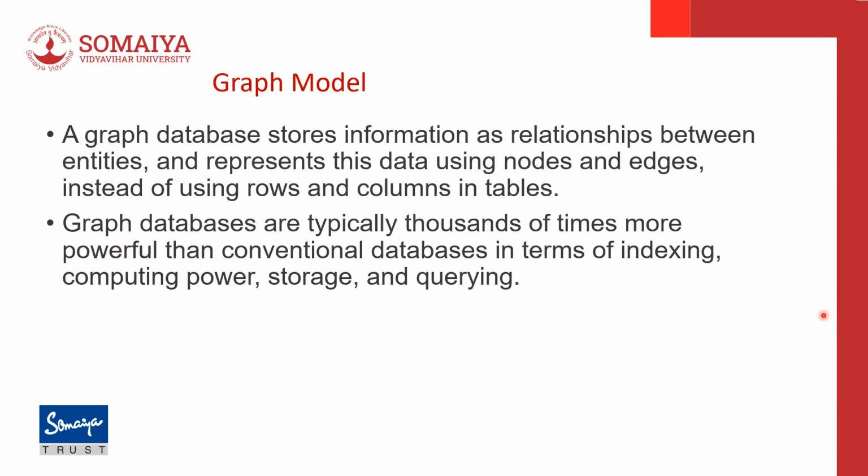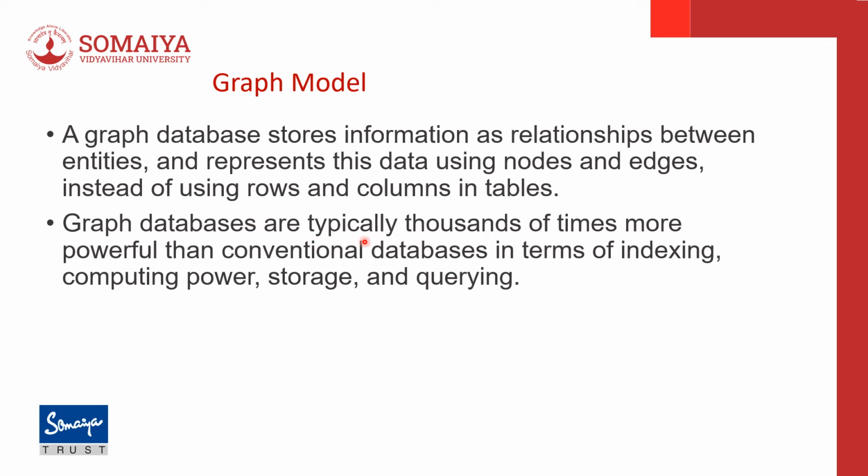So now let's look at how a graph model looks. A graph database stores information as relationships between entities and represents this data using nodes and edges instead of using rows and columns in tables. As we saw, a table database uses rows and columns; however, in a graph database, we use nodes and edges.